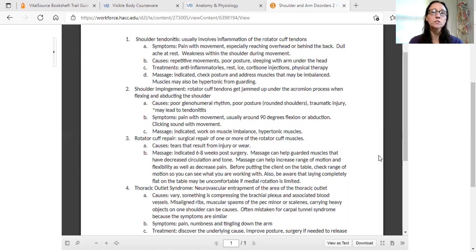Okay. Number 2 is shoulder impingement. This is similar to shoulder tendonitis. However, we're really talking about the supraspinatus tendon getting jammed up underneath the acromion process when mostly abducting the shoulder, flexing it as well.